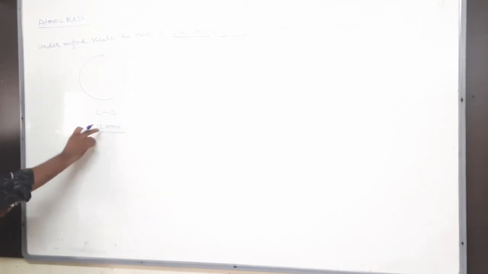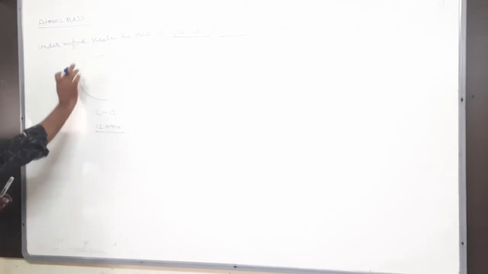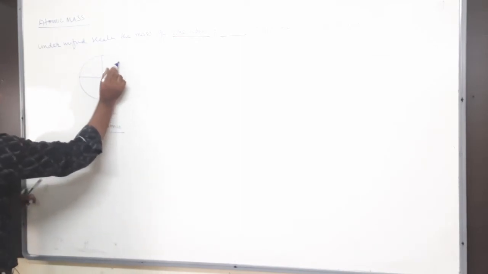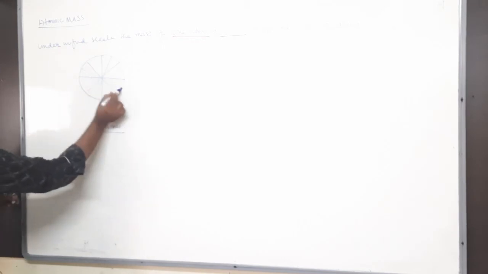So what is AMU? Atomic mass unit. Okay, the mass of the one carbon atom is 12 AMU. But actually I want 1 AMU. What to do? You divide this atom into 12 pieces. Yes or no? 12 equal pieces.